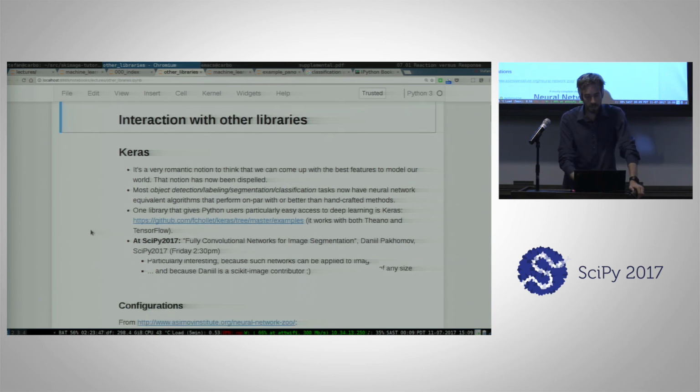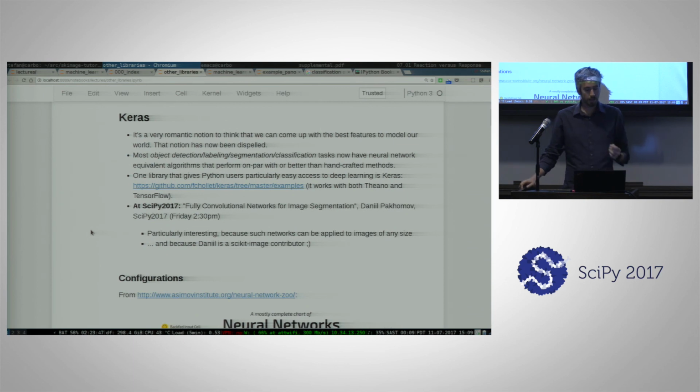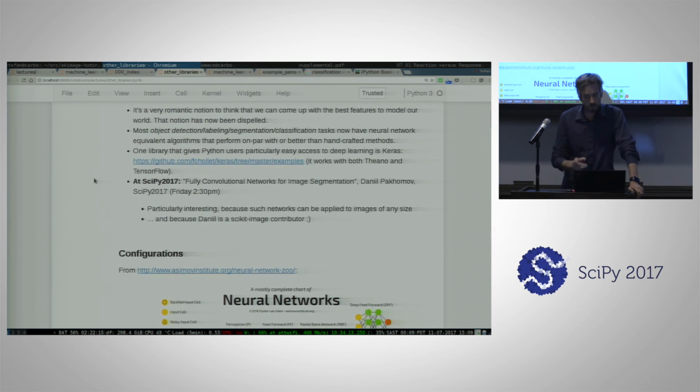A library that gives us easy access to neural networks in Python is Keras. It's a high-level API built on top of either TensorFlow or Theano. You can use either. And it can run either on your CPU or your GPU. I also want to mention that there's a very interesting talk coming up.